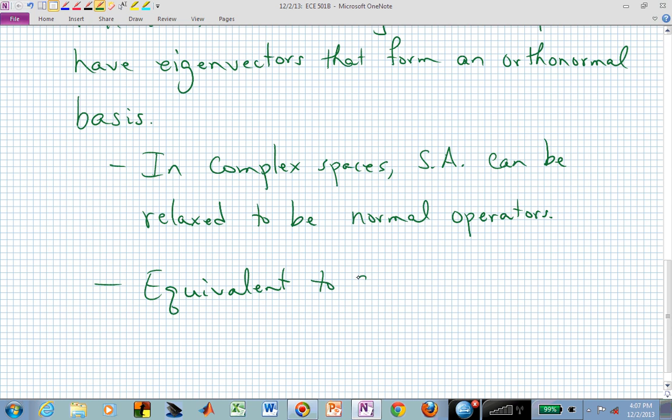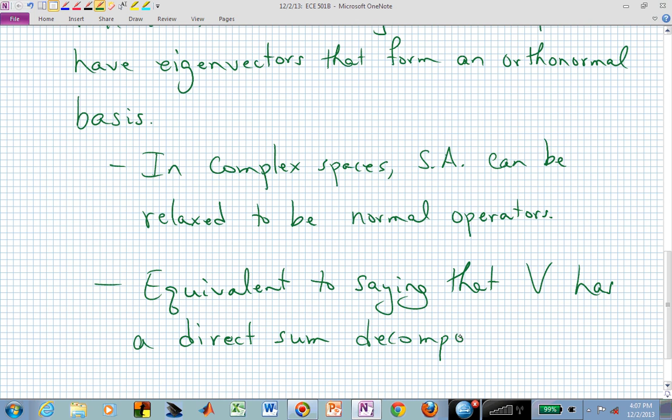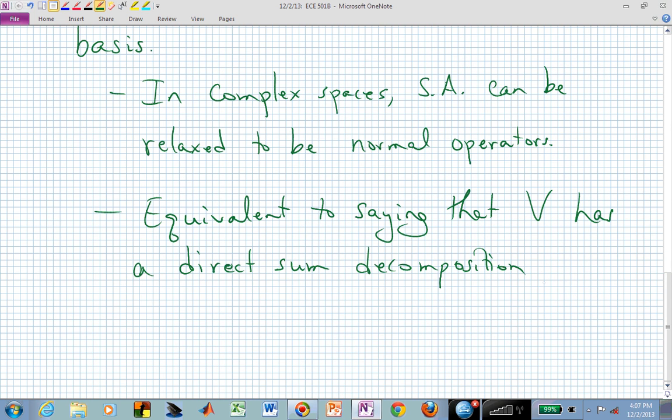Equivalent to saying that the vector space V has a direct sum decomposition in terms of these one-dimensional invariant subspaces.